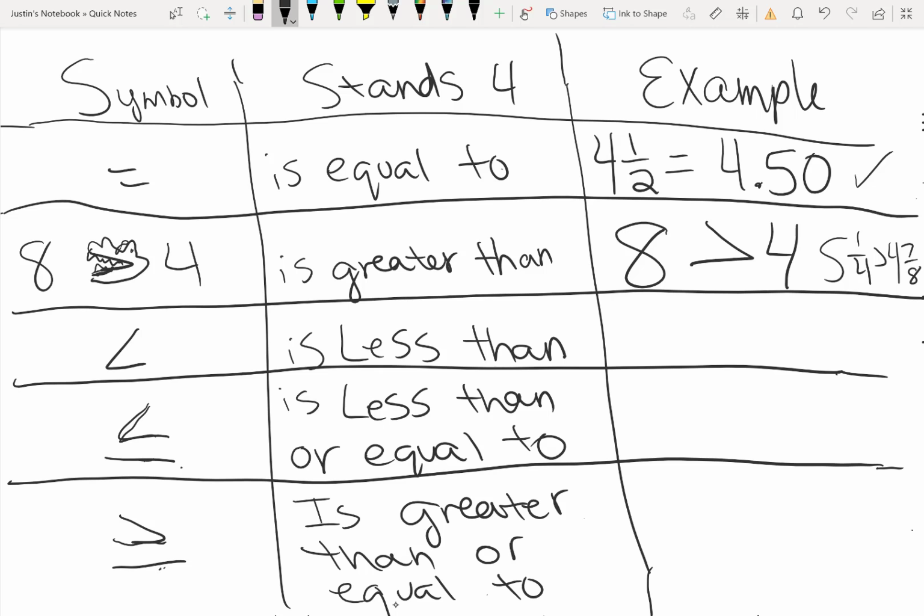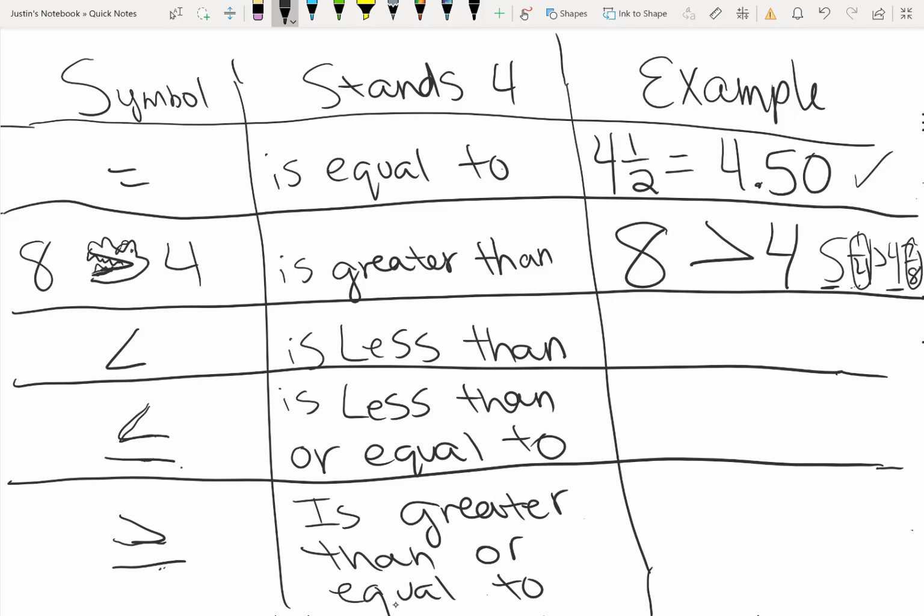And that's obviously greater since that 7/8 won't make it a whole. It's still going to be 4 for the whole number and 5 for the whole number here. So even though the fraction part is smaller over here, the whole number makes it bigger. So that's why that's a greater number.